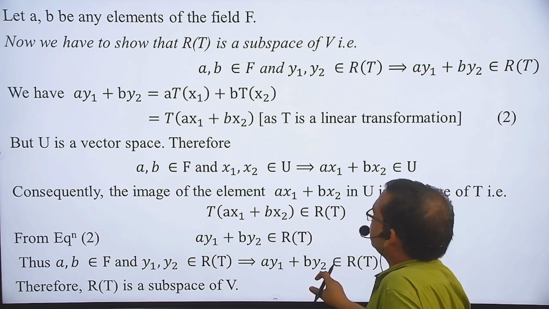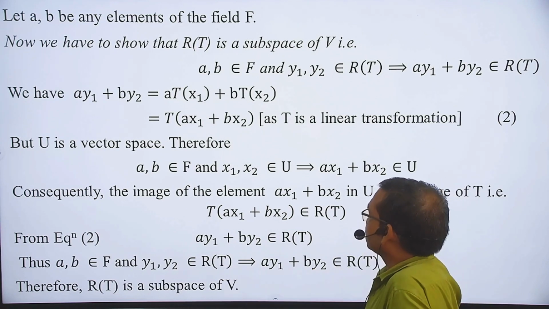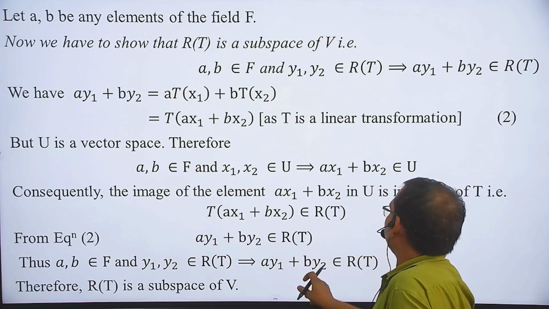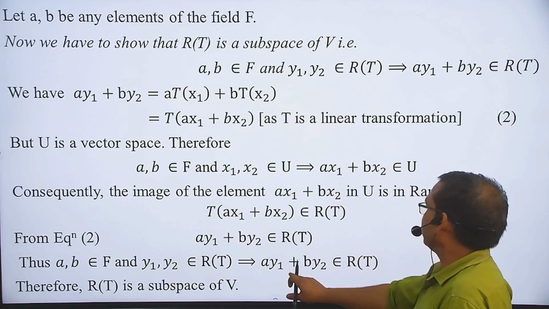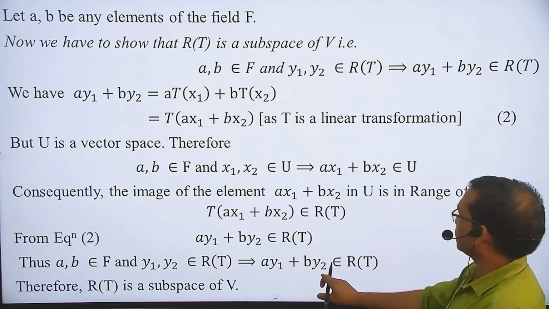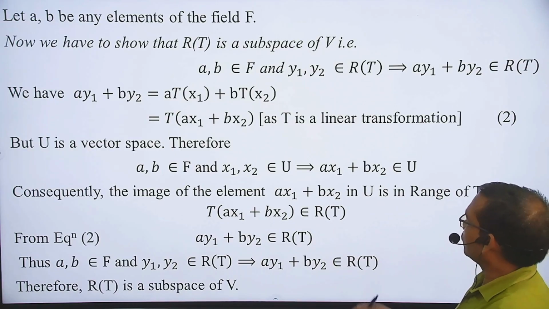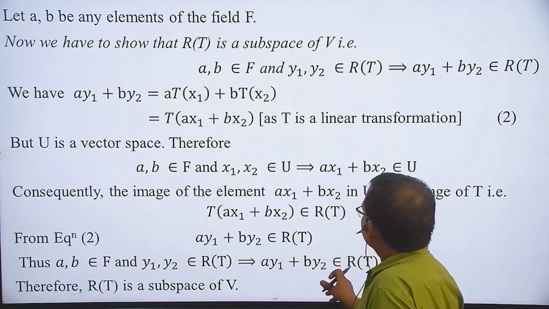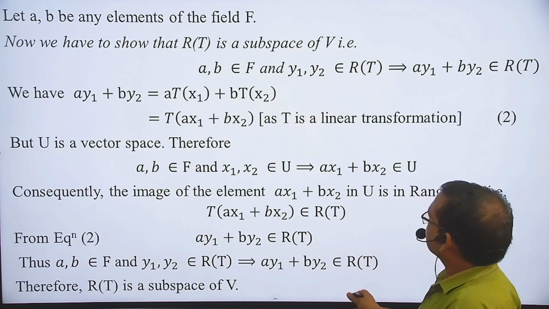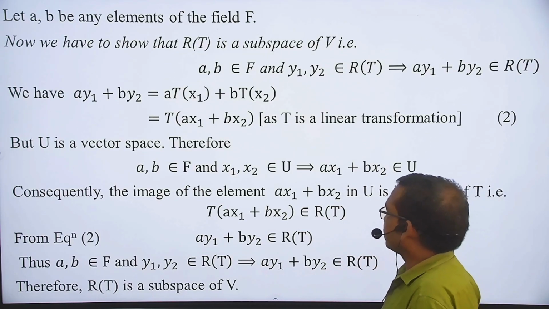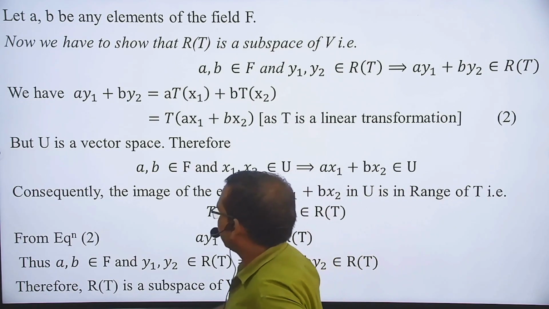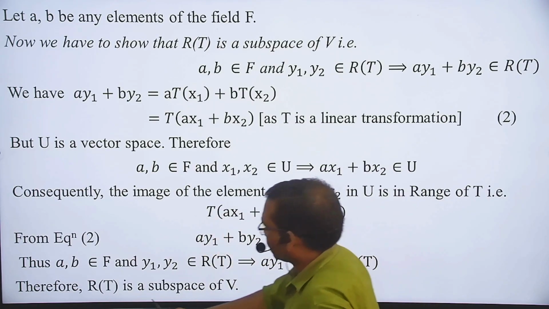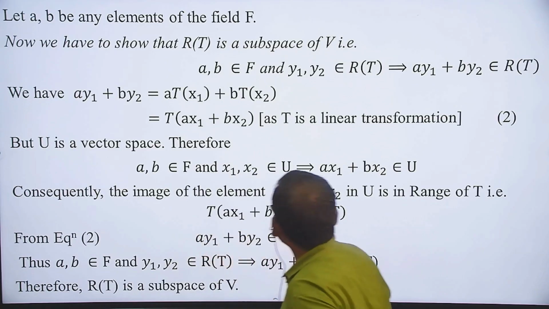Since y1, y2 are elements of the range space and a y1 plus b y2 belongs to it, vector addition and scalar multiplication hold in this space. So R(T), the range space, is a subspace of the codomain V. It is proved.